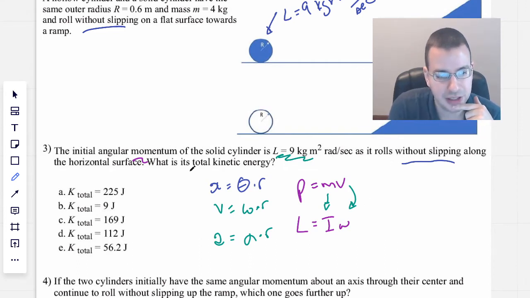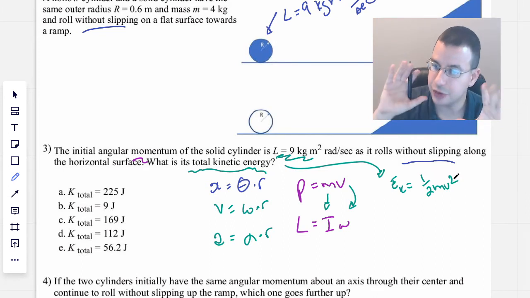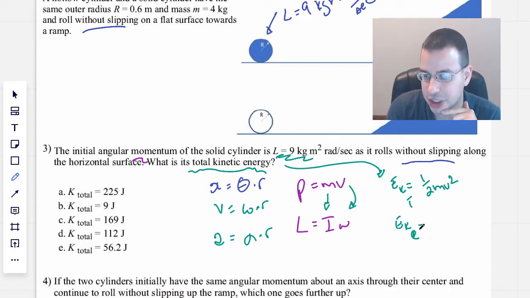And then the other piece of information we're going to think about is total kinetic energy. For total kinetic energy, we have kinetic energy equals 1/2 mv squared. This is the traditional translational kinetic energy. And then we're also going to have a kinetic energy, I'm going to call this one T for translational, and this one R for rotational.